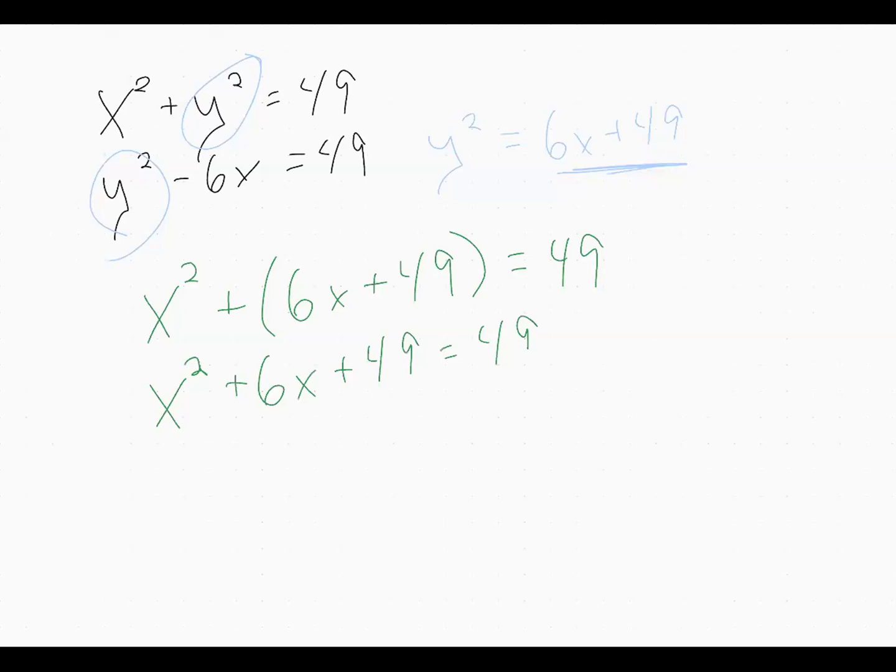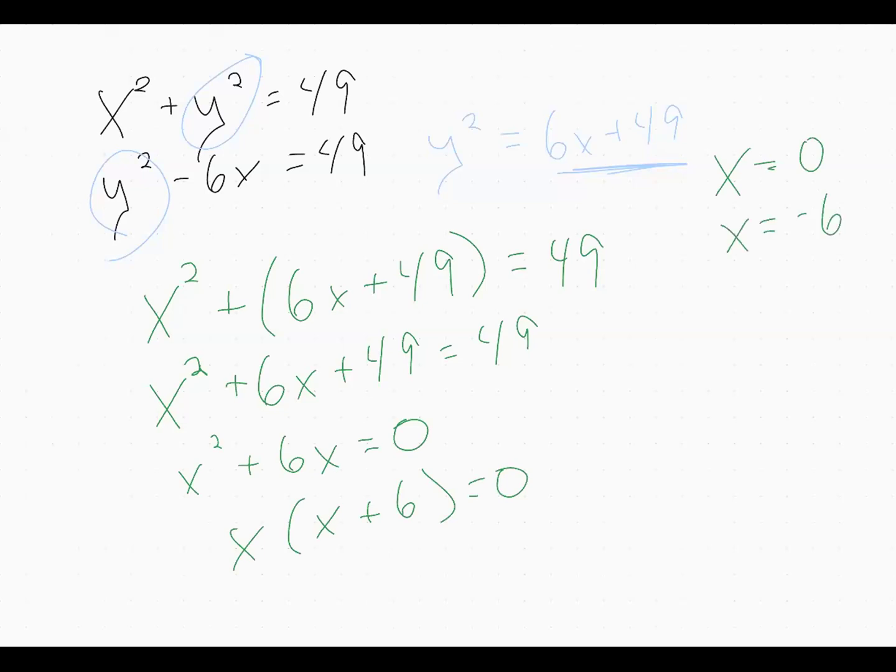Now, factoring this, I can factor out an x. So my two x values are what? x equals 0 and x equals -6. Did I lose anybody on that? If so, speak up now, forever hold your peace. Because the one most people miss is the x in front of the parentheses.